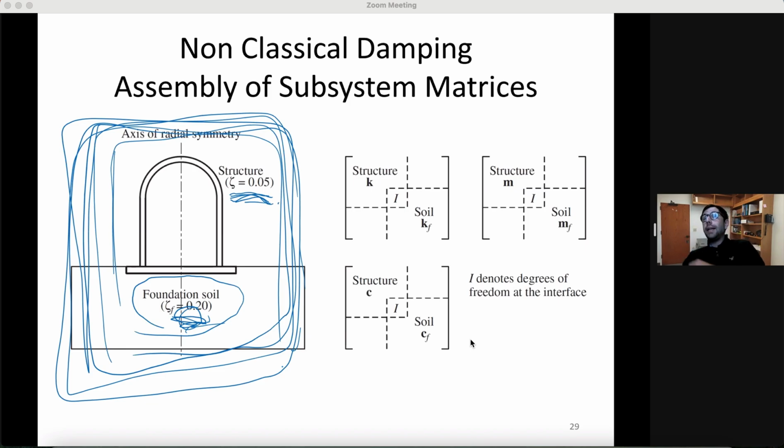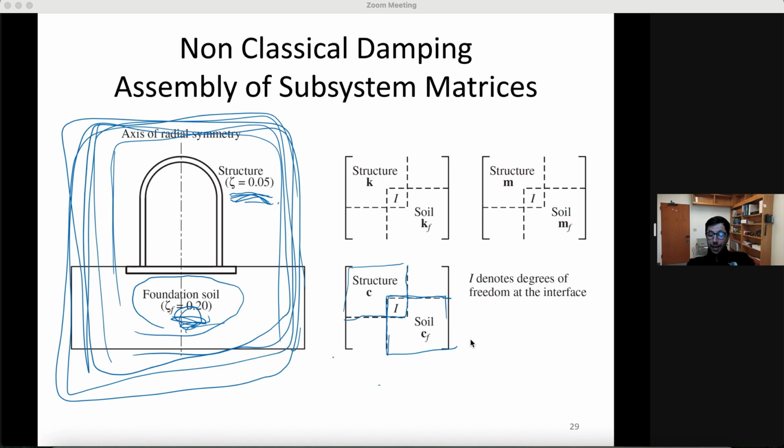You cannot write damping as a combination of the stiffness matrix and the mass matrix. What you need to do is to assemble the damping matrix, meaning you need to write a damping matrix which is modeling the structure and a damping matrix which represents what's happening at the soil.